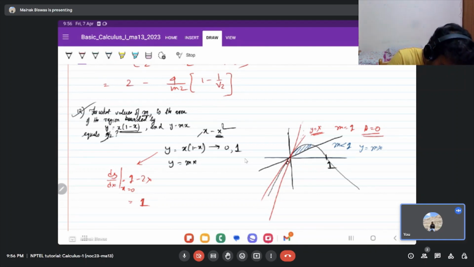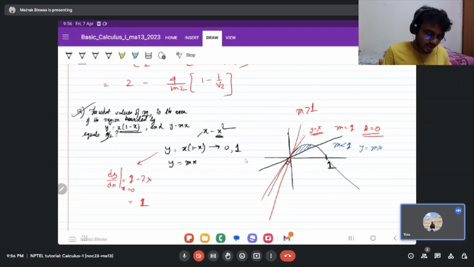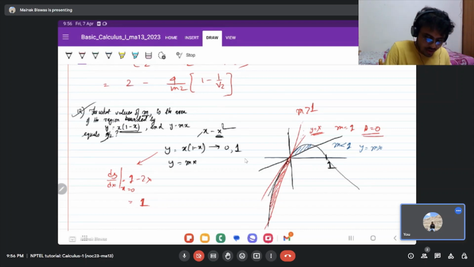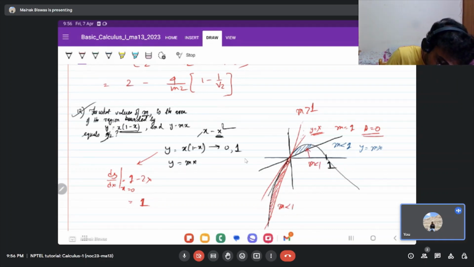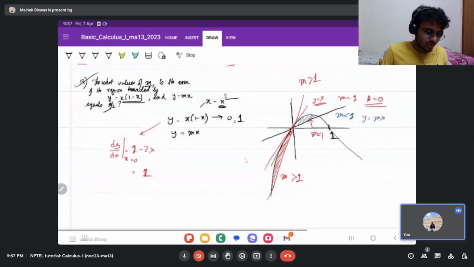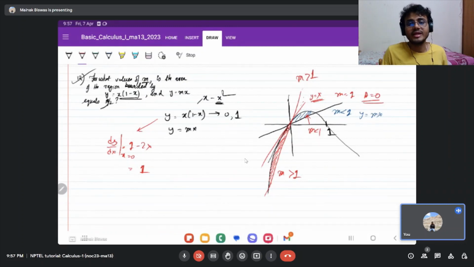This is m greater than 1. If m is greater than 1, you will be forming an area below the curve, which will look something like this. So this is your area, right? This is m less than 1, and this is m greater than 1, right? So this is the geometric thing that you needed to understand to get this idea.